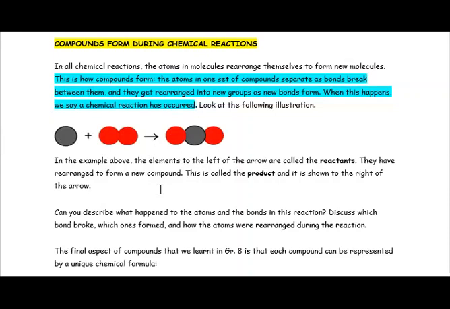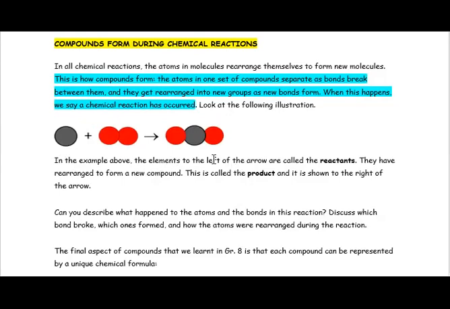Okay, so to further explain, a chemical reaction occurs when the bonds break in one set of compounds, they separate, and they get rearranged to form new bonds, right? So to say it again, bonds break on one side of the arrow to form new bonds on the other side of the arrow.